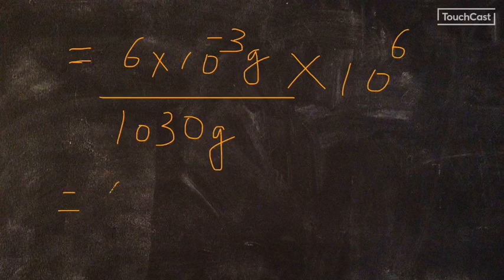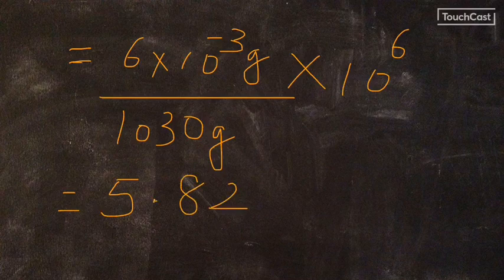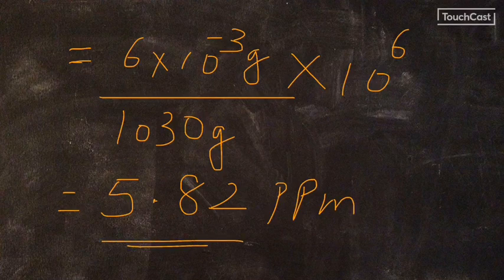You will get it as 5.82 ppm or parts per million. So you can convert anything, volume, mass, anything into parts per million.